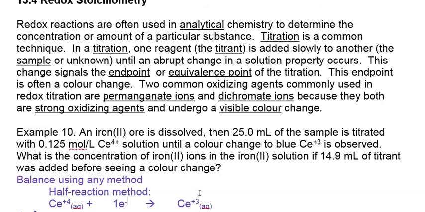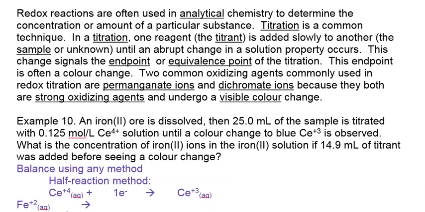The other side of this, we know we're starting out with iron 2, but what's happening to that iron 2? So we know our reactant, and we've got to stop and think about, well, what's going to happen? Well, if the other side is being reduced, the iron has to be oxidized.